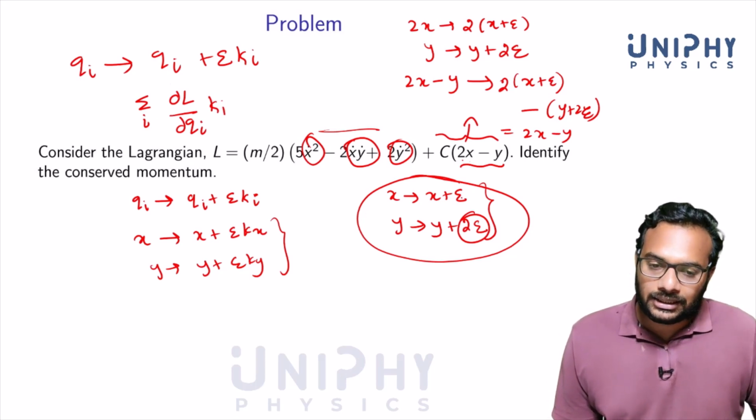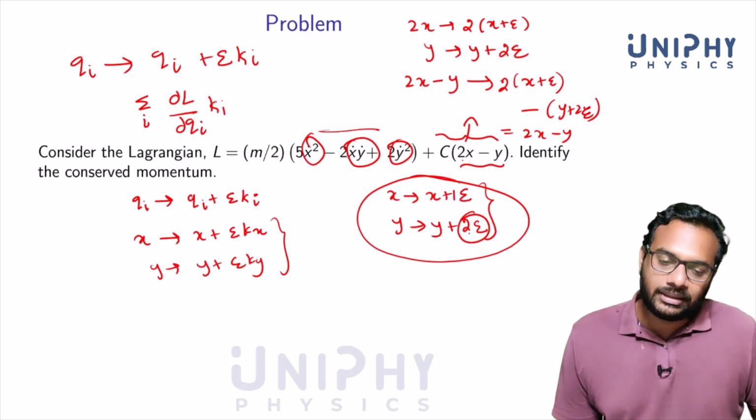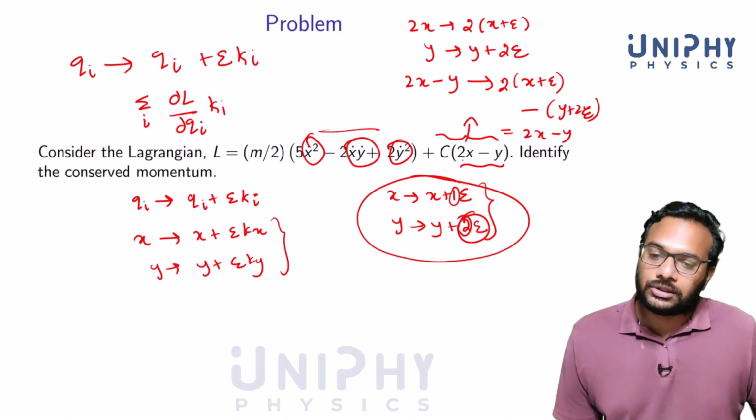Here we see that there is a 1 sitting here. This is 1 multiplied by epsilon and 2 multiplied by epsilon. So kx is a constant 1, and ky is a constant 2.